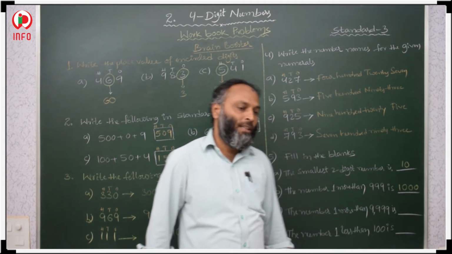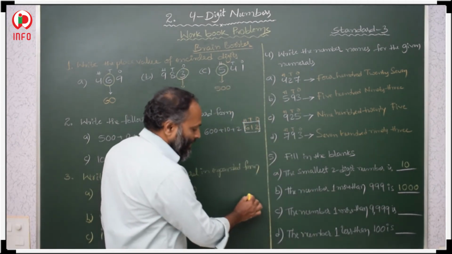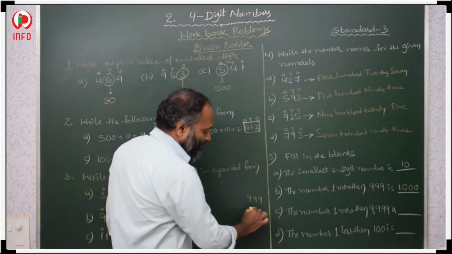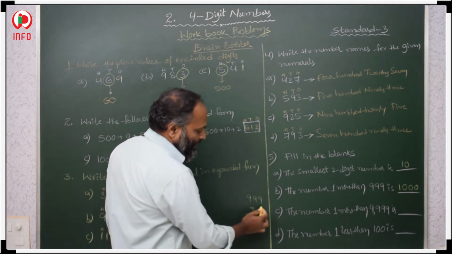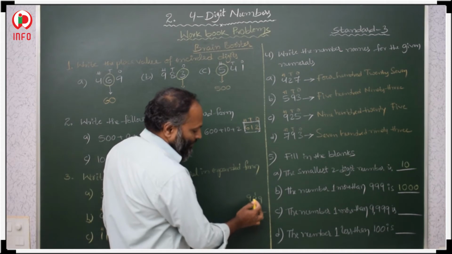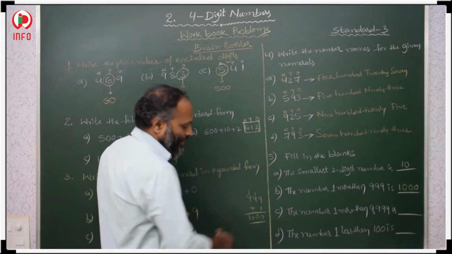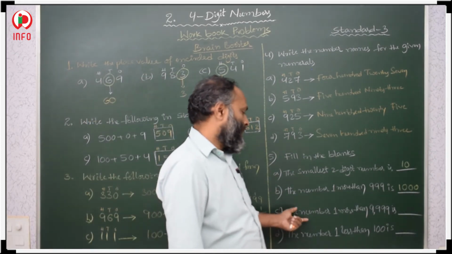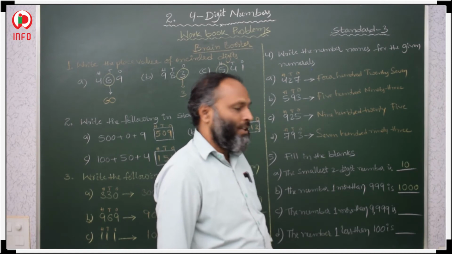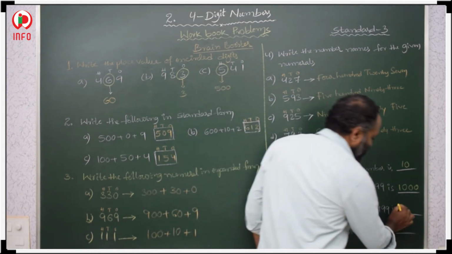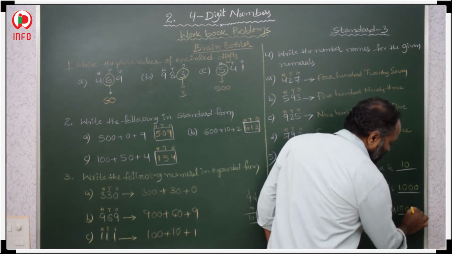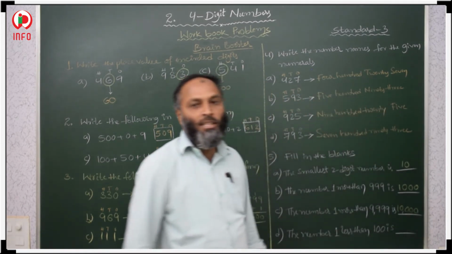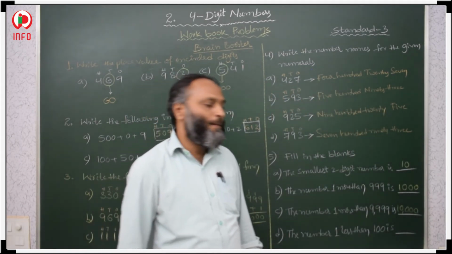If you want to check, then check. 999 plus 1: 9 plus 1, 10 and 1 carried here. 9 plus 1, 10. This is 1000. Next, the number 1 more than 9,999: again you add plus 1 to this, then you get 10,000.